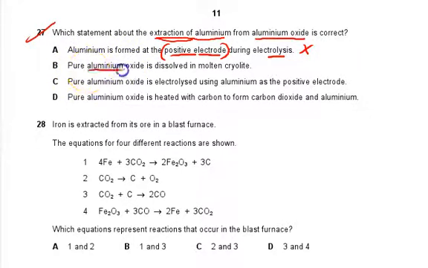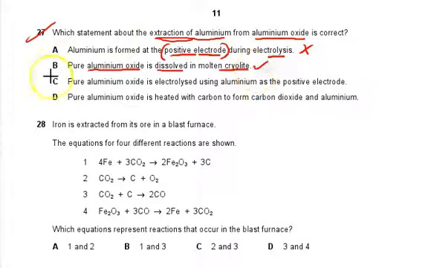The pure aluminium oxide is dissolved in molten cryolite. Yes, this is correct. Cryolite acts as a solvent for pure aluminium oxide, and also it reduces its melting point.